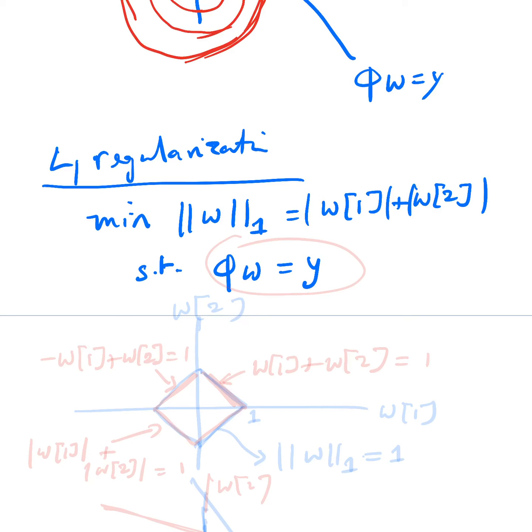So what does the L1 norm being smaller than something mean? Let me just draw the 2D picture again. If I take a typical line, there's a W1, W2 here. Suppose this intercept is 1, then this box is the L1 norm of W being precisely equal to 1.